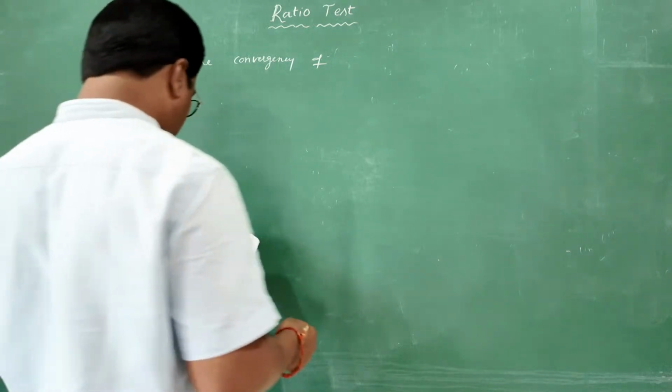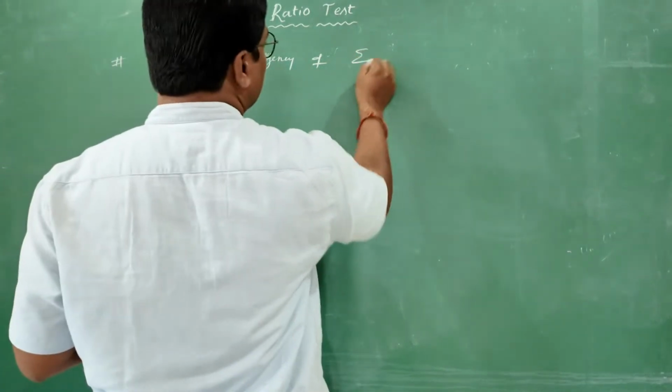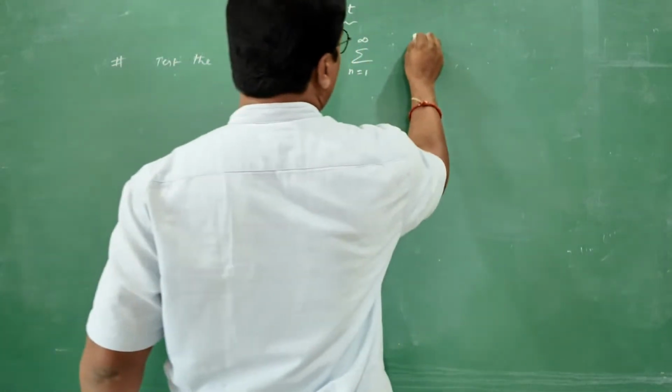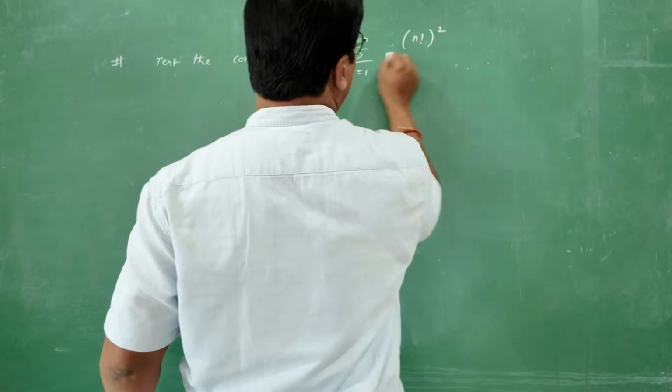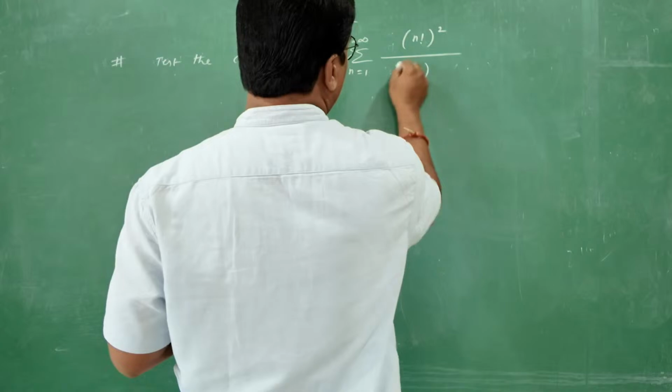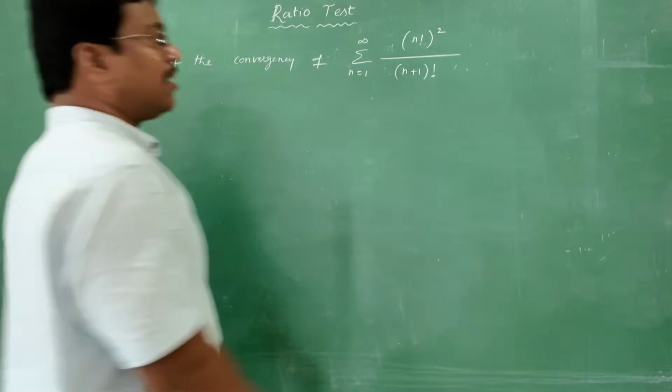Suppose that the question is summation n from 1 to infinite, n factorial whole square divided by n plus 1 factorial. This is the question.